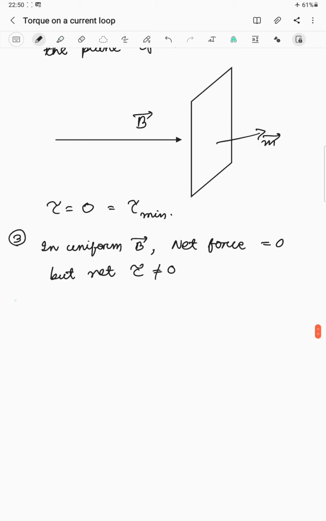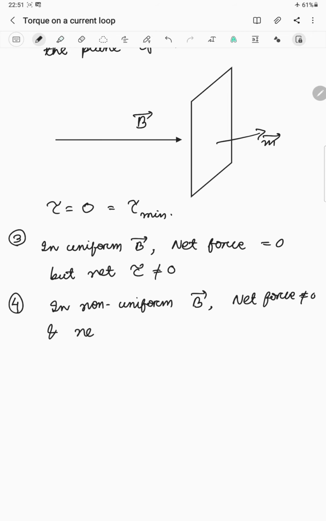Coming to the fourth one, in a non-uniform magnetic field, the net force is not equal to 0, and the net torque is also not equal to 0. So the only difference is, in a uniform magnetic field the net force is 0, whereas in a non-uniform one the net force is not 0.